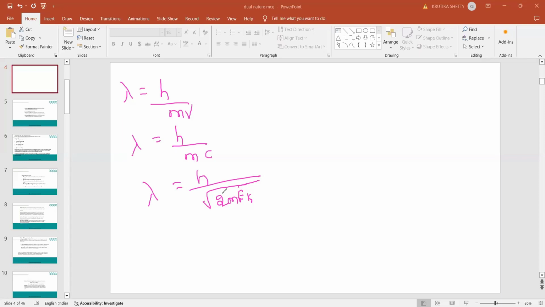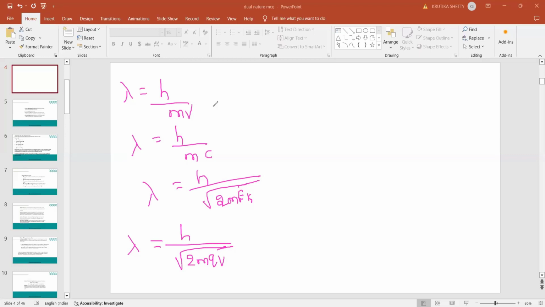This is in terms of kinetic energy. One more formula for lambda. There is no derivation in this chapter. In terms of potential also we can write it: h divided by under root of 2mq into v.